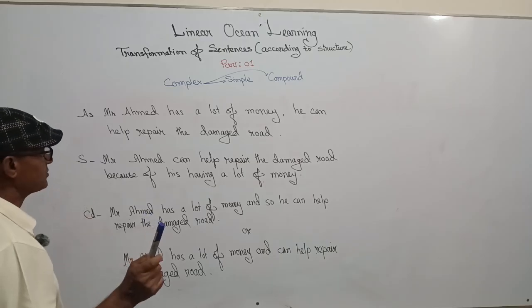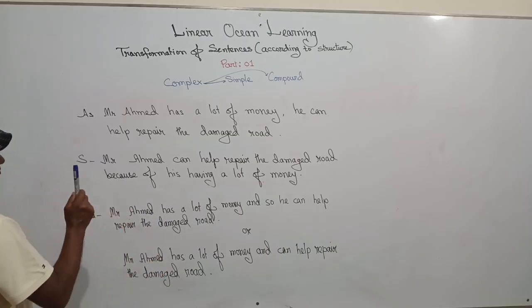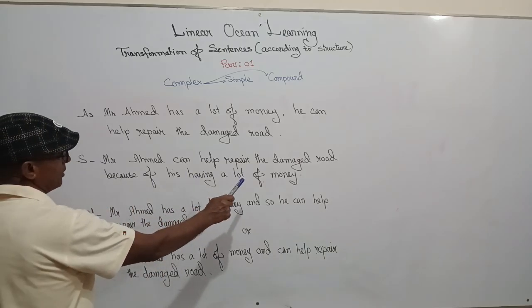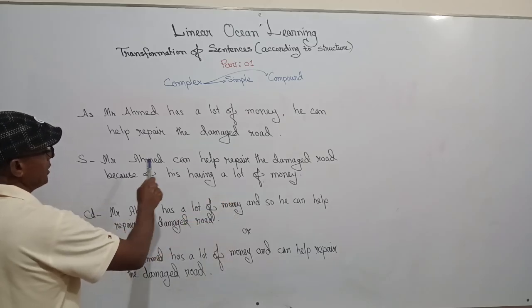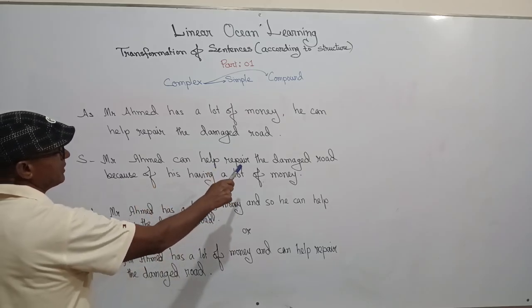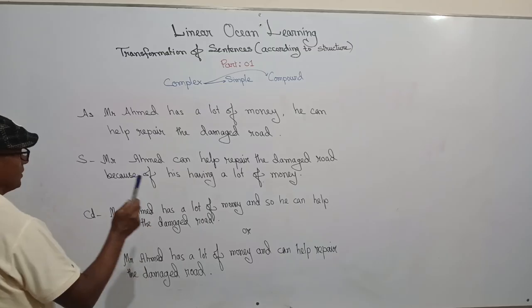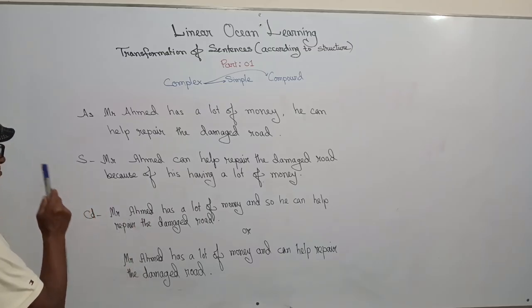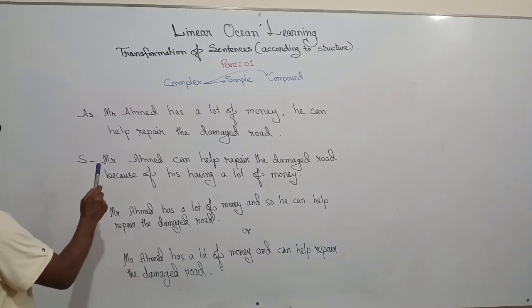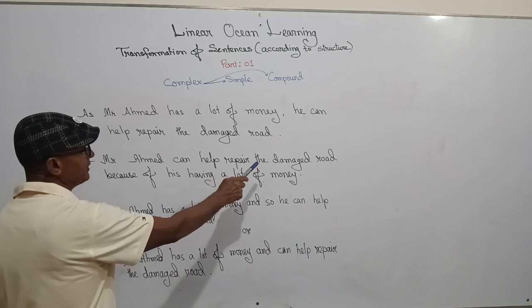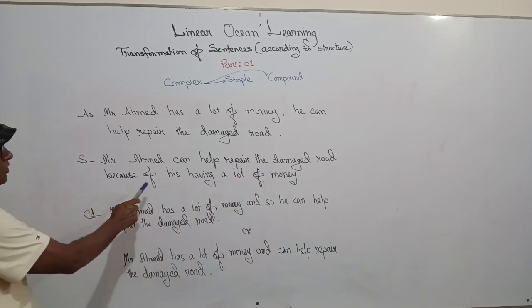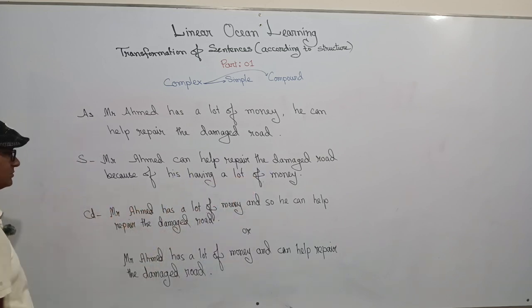In most books, you will find: because of his having a lot of money, Mr. Ahmed can help repair the damaged road. But this sounds better: Mr. Ahmed can help repair the damaged road because of his having a lot of money.